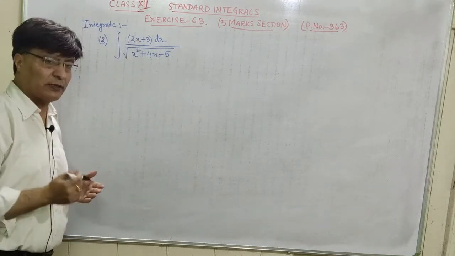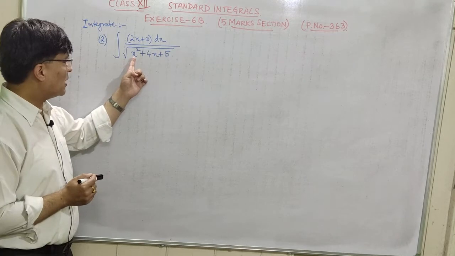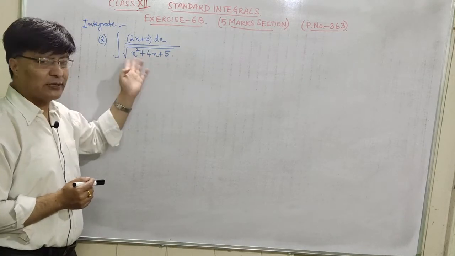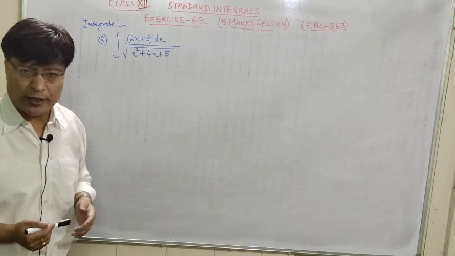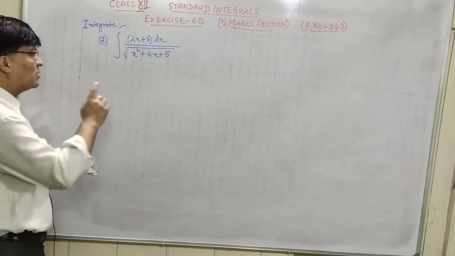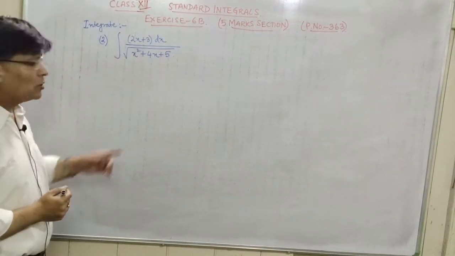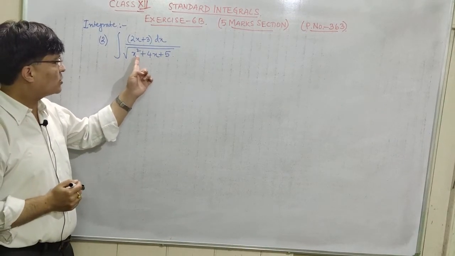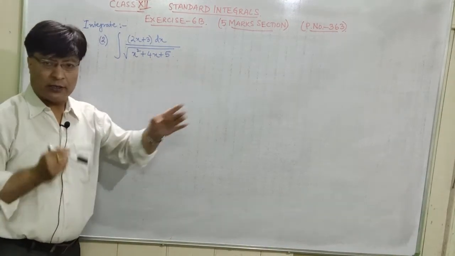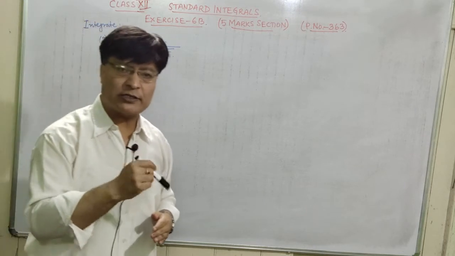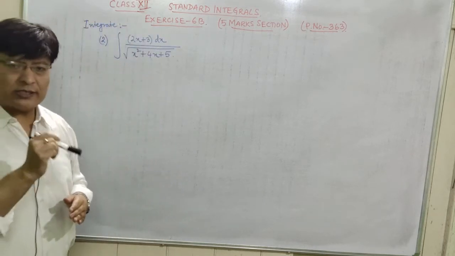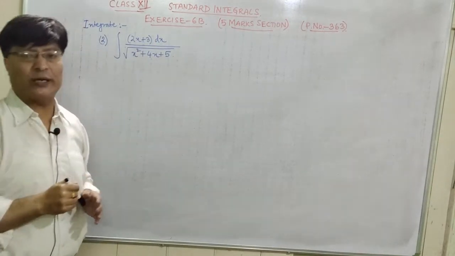We will use a different method because there are terms containing x square and x and a constant in the denominator, and that is also under the square root. So let us write down the differentiation of the denominator in the numerator. Within square root we have x square plus 4x plus 5, so let us write down the differentiation of this denominator which is under the square root in the numerator.